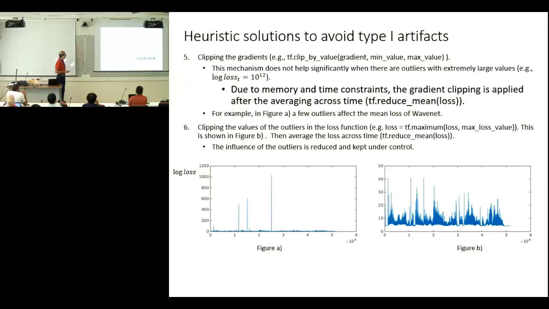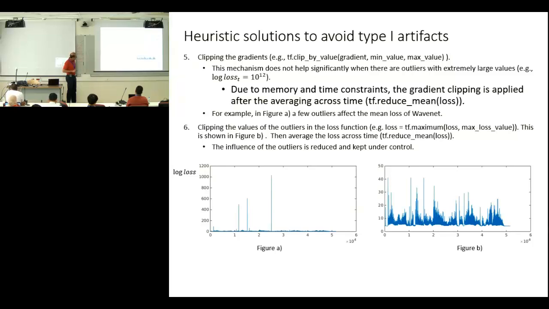And also, if you plot the loss function, especially if the database contains a little bit of noise, as is the case in publicly available databases, you will see that the loss function is like that. Sometimes, in some samples, we have huge values of loss functions.